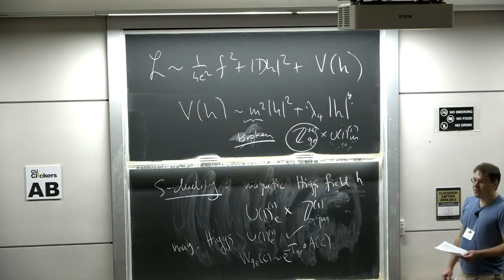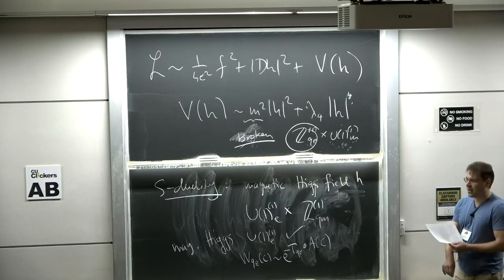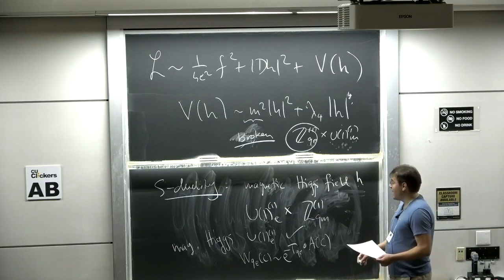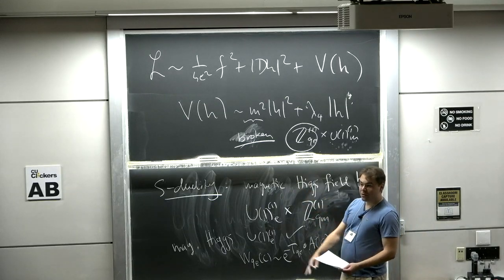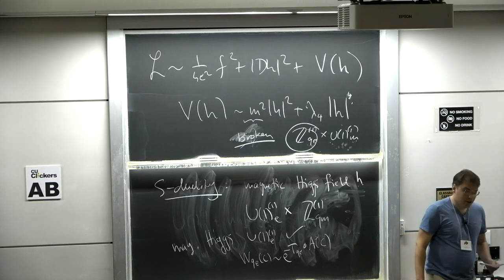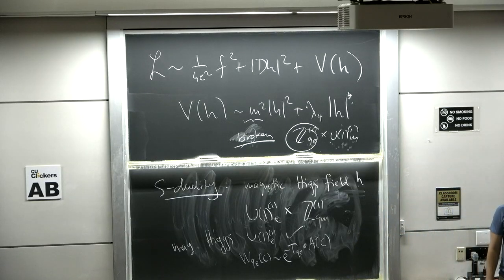And if you believe that all phases should somehow be characterized by symmetries, then this might lead you to speculate that in a model that has all electric charges and all magnetic charges, so in other words, no one-form symmetries whatsoever, there is actually no invariant distinction between Higgs and confining phases. And this is a famous fact that was shown explicitly in certain lattice models, for example, by Fradkin and Shenker and other people.